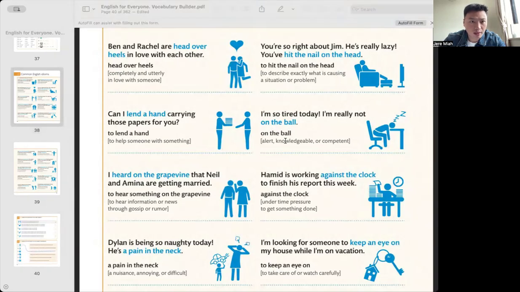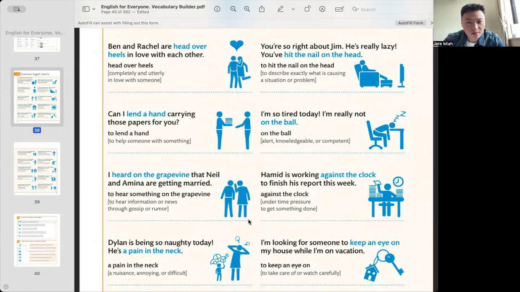Okay, grapevine. Just say grapevine is a city? No, not a city. Grapevine is just an expression. It refers to informal communication or rumors. Exactly. You might say, I heard it on the grapevine when you get some unofficial news. Okay, heard it through the grapevine.